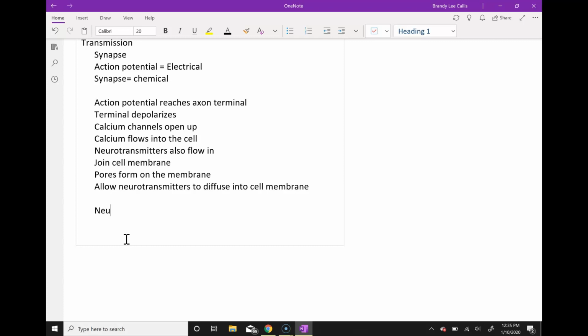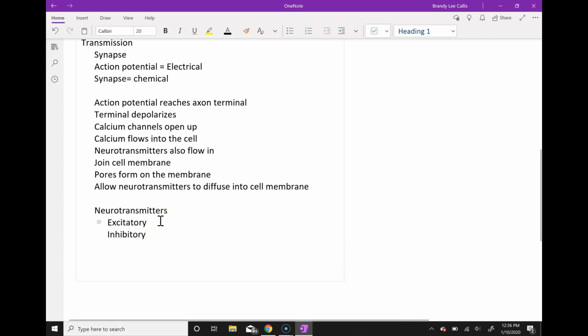Now, neurotransmitters have two main types. They can be excitatory, so they can make the cell happy, excited, or inhibitory, so it kind of brings it down.